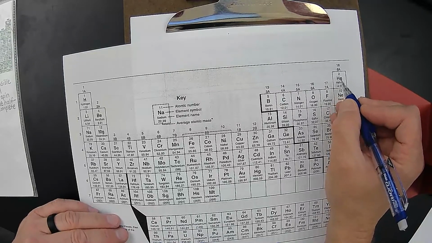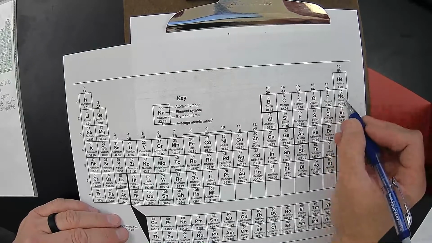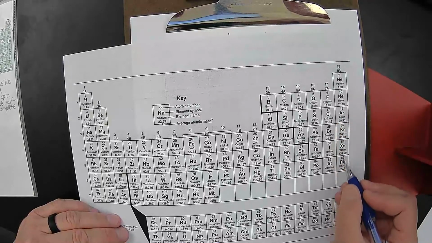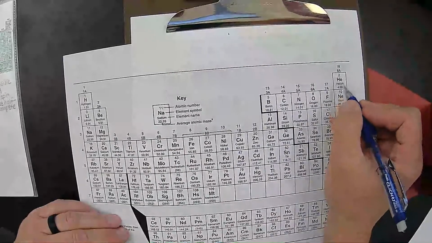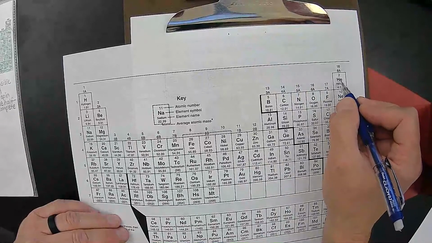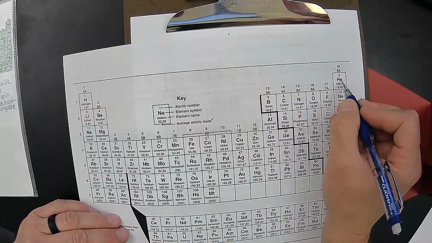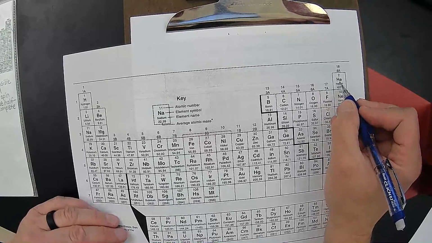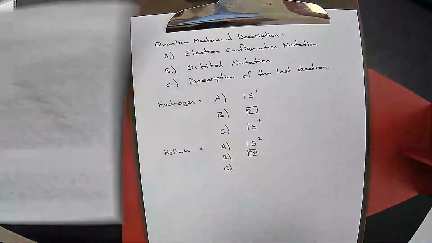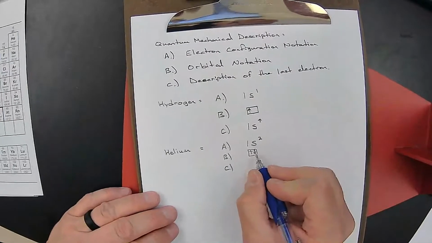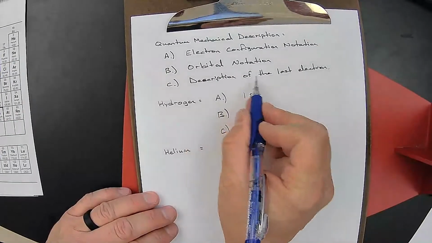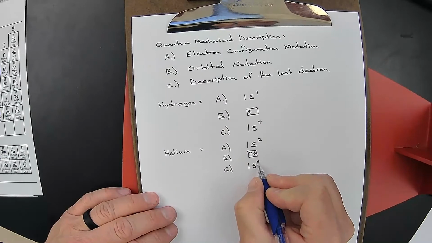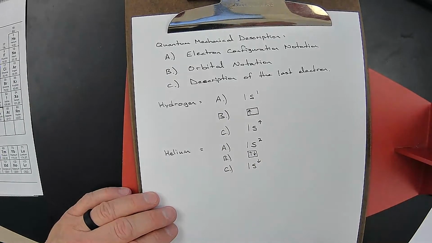So helium is full with 2 electrons, just like all of these are full with 8 on the outside. Helium's full with 2 because energy level 1, or principal quantum level number 1, can only hold 2 electrons. But it's in the S subshell, so it would be over there. So the description of its last electron would be a 1s down electron.